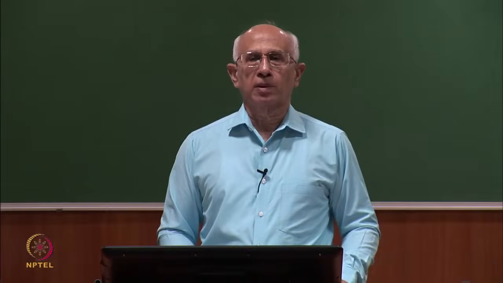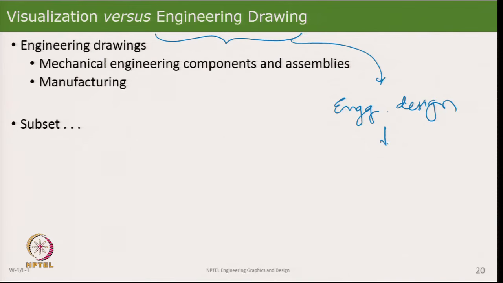When you learn the principles of design there, ultimately you have to express it as a drawing. And that drawing is somewhat specific to that discipline, which is what that course or that set of courses will tell you. So, there is no such thing as drawing being an end in itself. Drawing is an integral part of design.